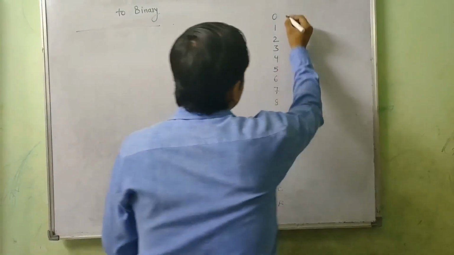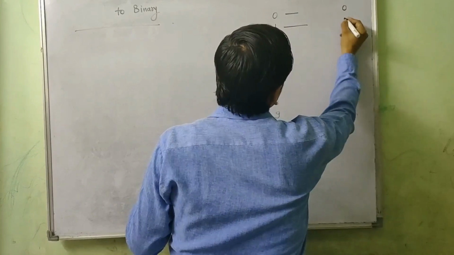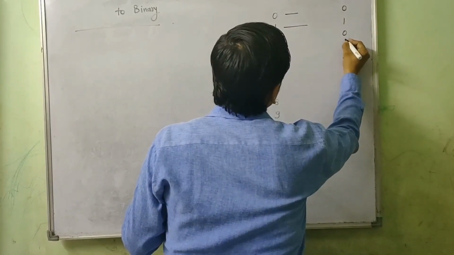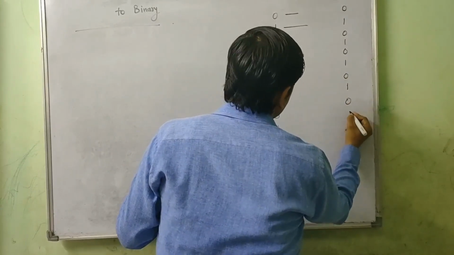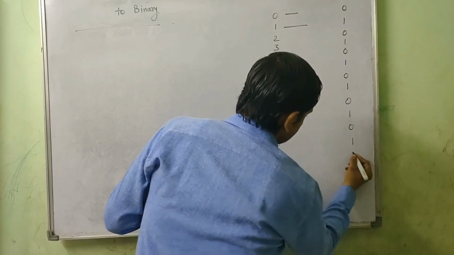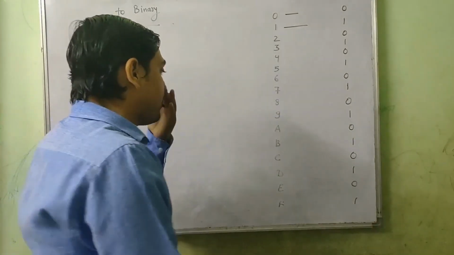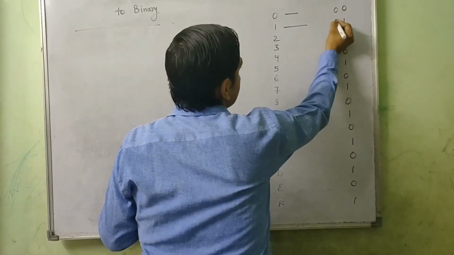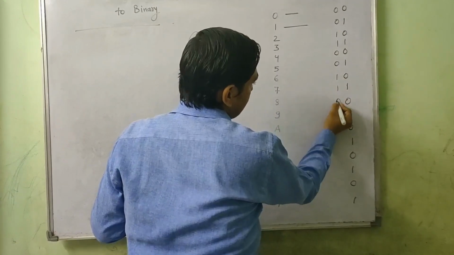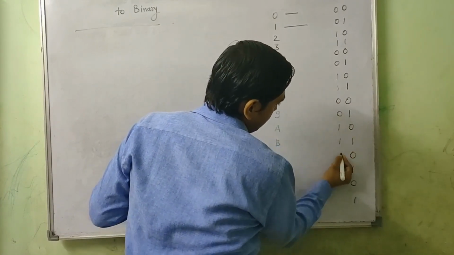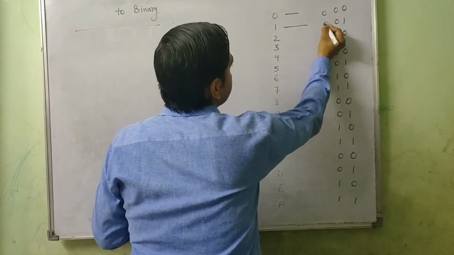Now the corresponding binaries. First with a gapping of 1. Now with a gapping of 2. Now with a gapping of 4.